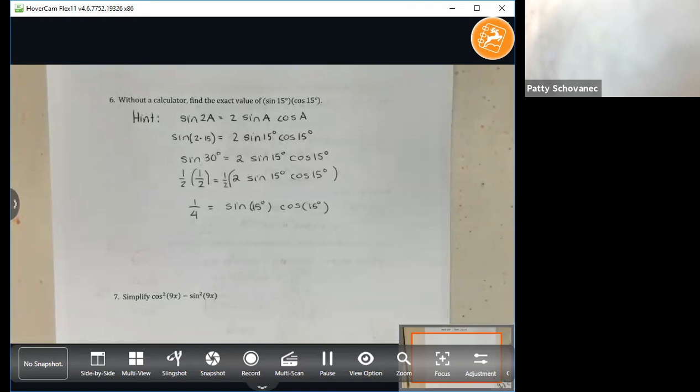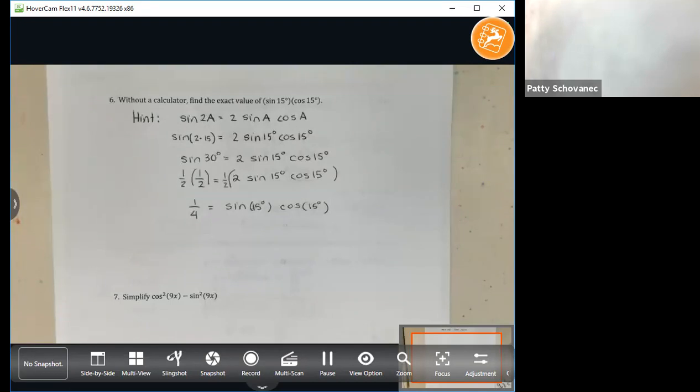The next example says simplify cosine squared of 9x minus sine squared of 9x. So on any other day, I would have said, well, I'm going to simplify that by factoring that as the difference of squares. Except today. Today, I saw an expression that looked like a cosine squared minus a sine squared.